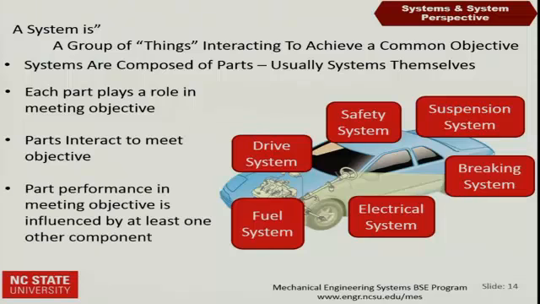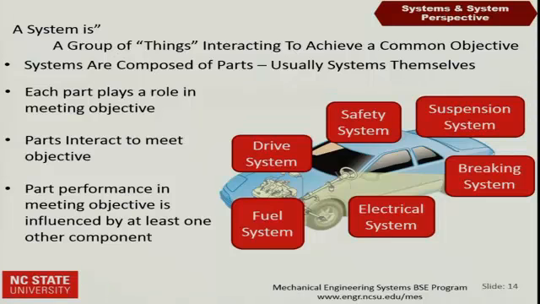Another perspective, part performance in meeting the objective is influenced by at least one other component. The drive system cannot deliver the horsepower that it needs to unless the fuel system gives it the flow that it needs. Every part in a system, its performance is influenced by at least one other component.